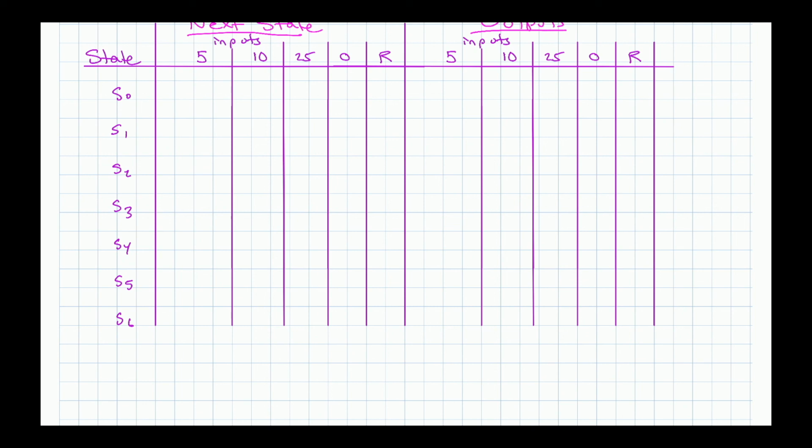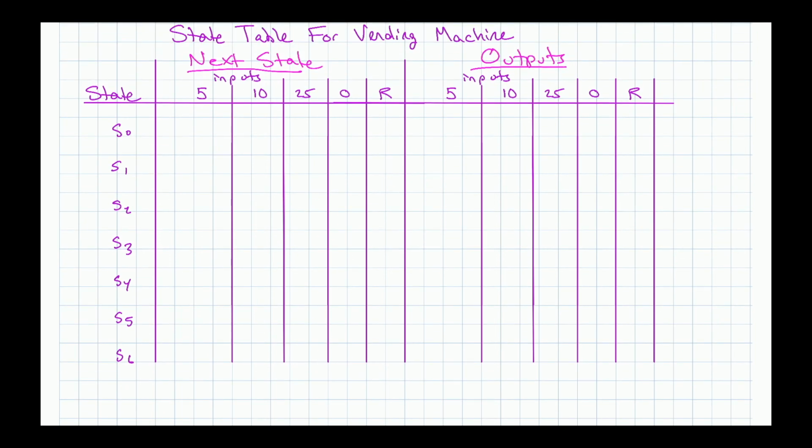So what you do is two things. We've got basically the left section and the right section for the next state and for the outputs. And you just have to think about what happens when you do the thing that's in the box. What I mean by that is this. Let's say right here. This spot right here is when the current state is S0 and you input 5 cents.